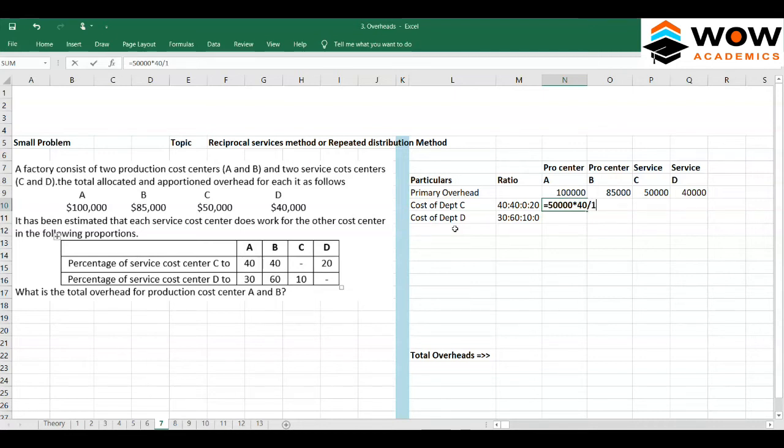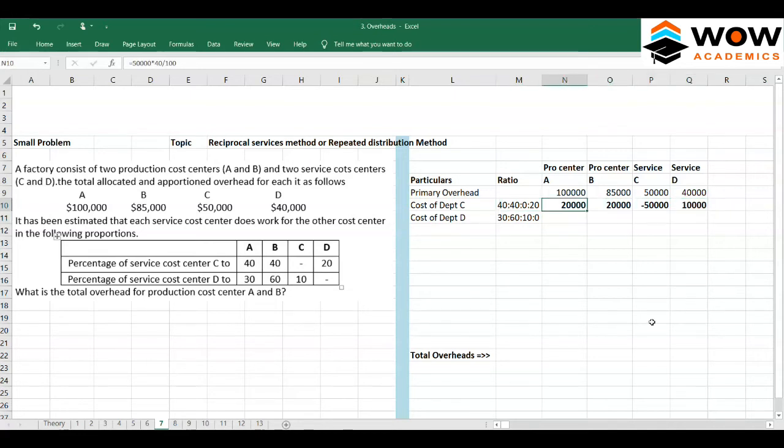So this is the number that it comes to. We'll do it for B. B is also again 20,000. C will become minus 50,000 because it is the one giving its cost to other departments. And for D, this would be 20. Okay, so we got these amounts.